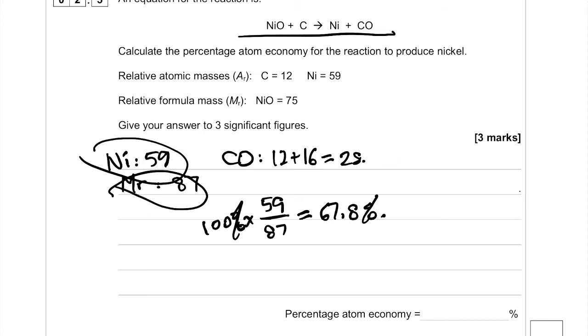And make sure you give 3 significant figures as they told you, so that's 67.8. And note that the nickel oxide formula mass is completely unnecessary. I don't know why they put it there, but hey, that's what people do to confuse you, huh?